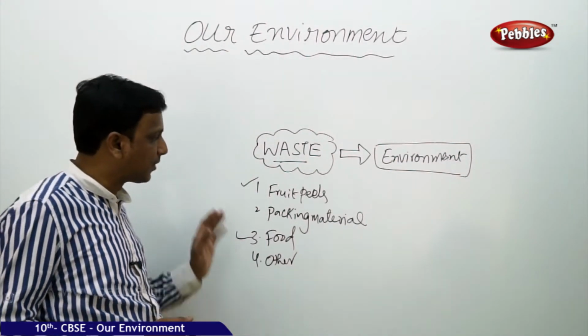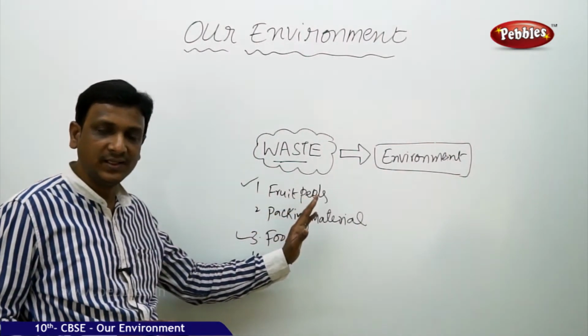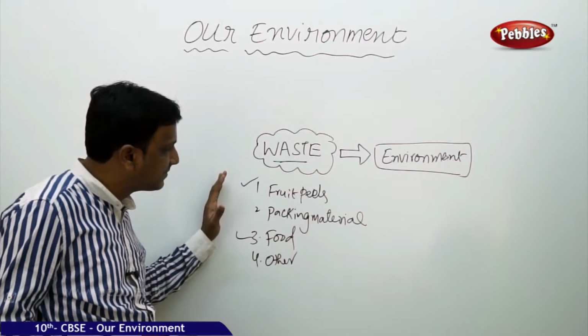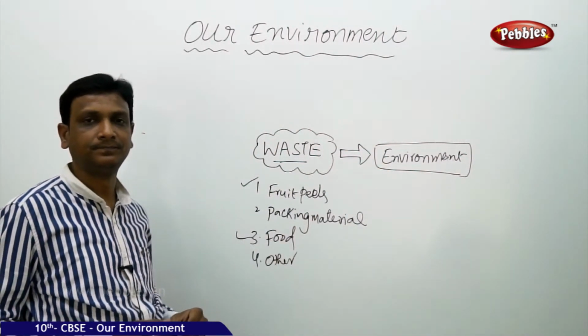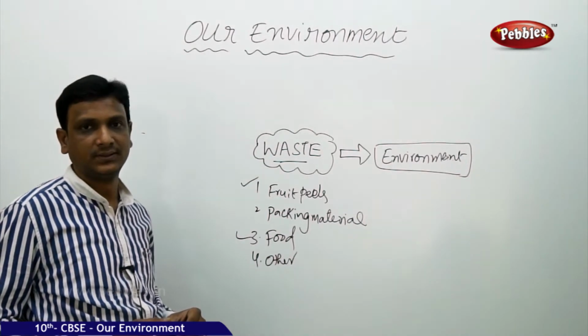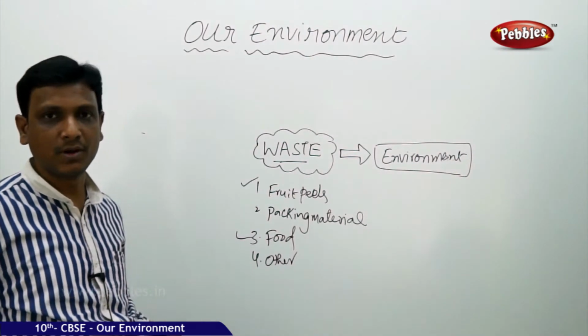But do you think that all these materials take part in the biogeocycles? Do you think that all these materials mix up with the environment without any problem? No. The environment may take up certain materials without any problem.